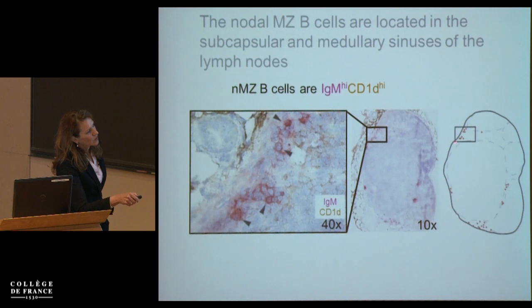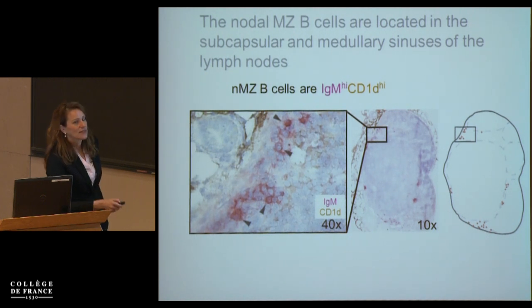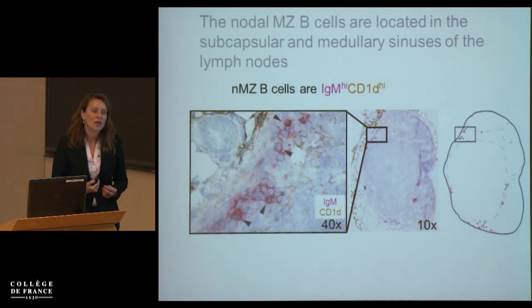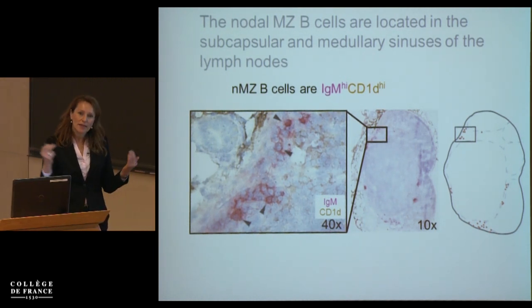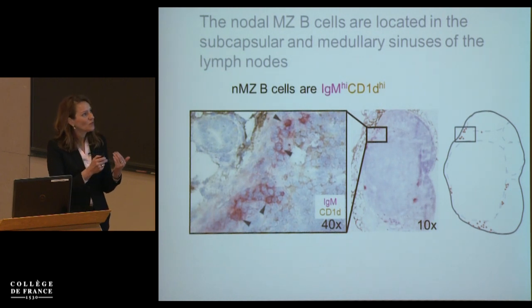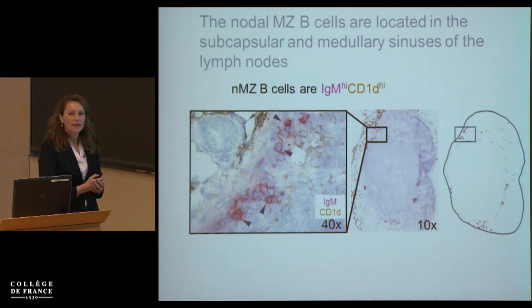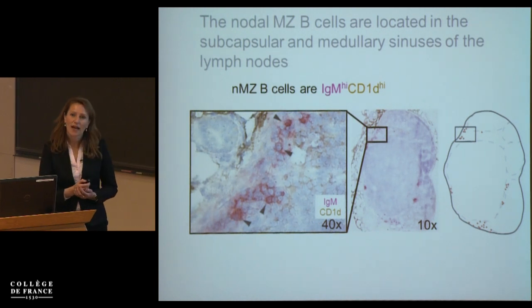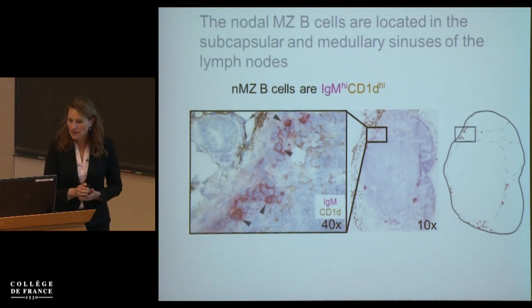This area is called the subcapsular sinus, just underneath the capsule. But you also have some in the medullary sinus. And this is an area which is very similar to the marginal zone in the spleen, where the antigen comes into the lymph node. So they are situated where the antigen is coming in. That would also fit with the function of the cells and the marginal zone characteristics that they have.